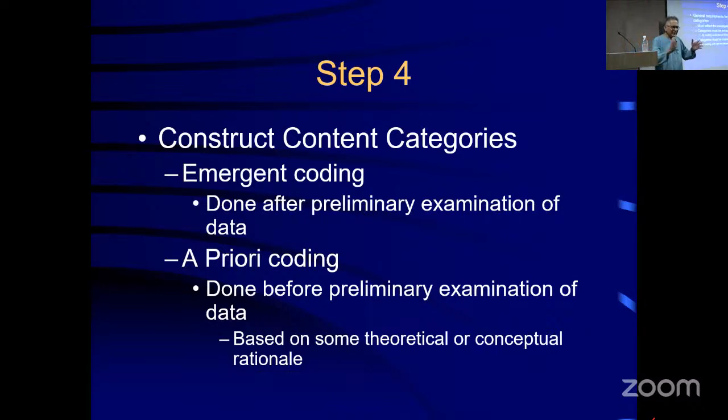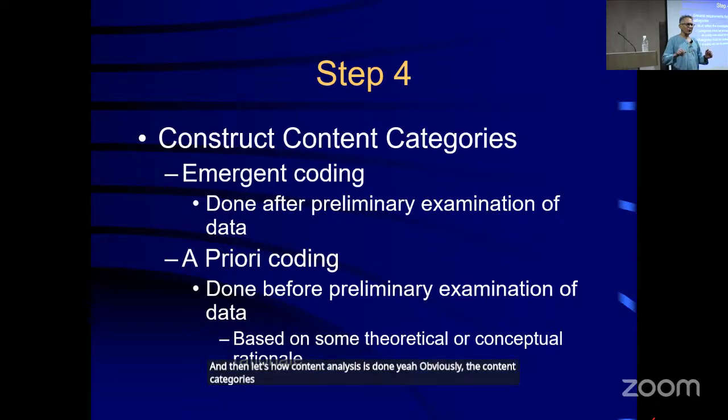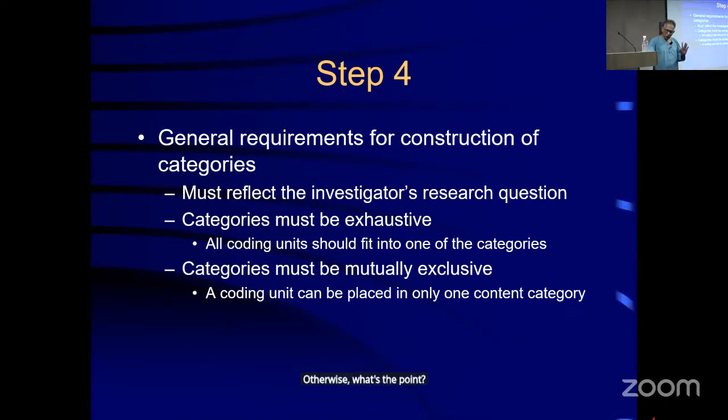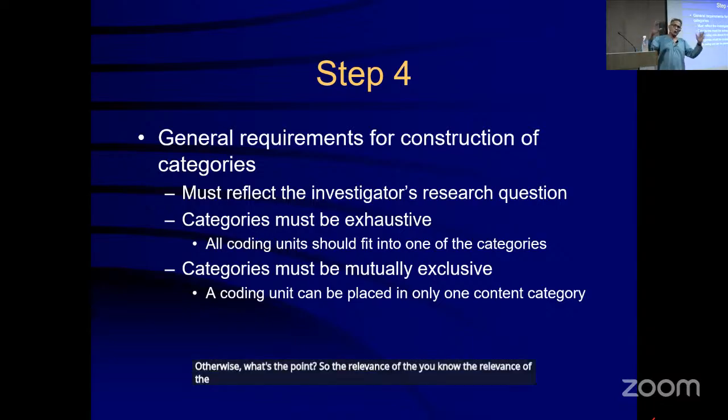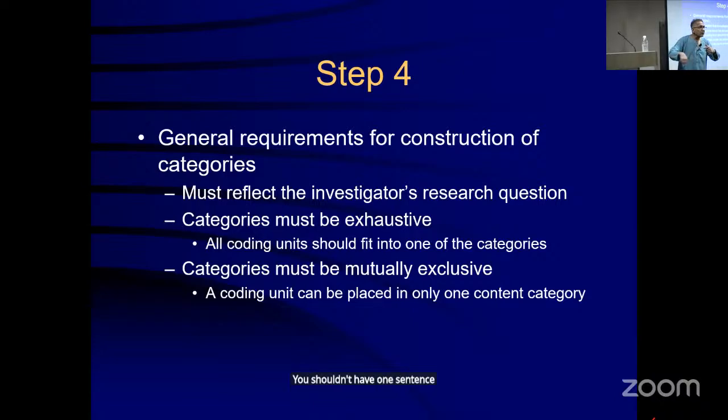Obviously, the content categories have to be very useful. They must be able to help you answer the research question. Otherwise, what's the point? They must be exhaustive. You must look at all categories. You shouldn't have one sentence that doesn't fit anywhere.